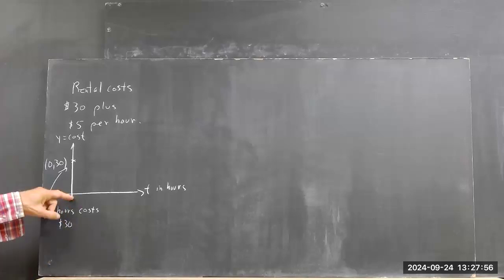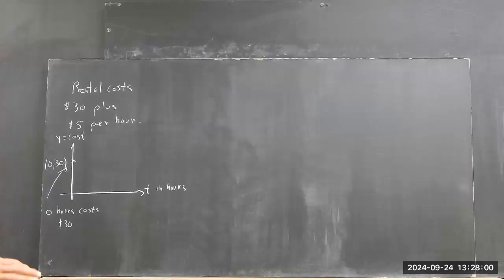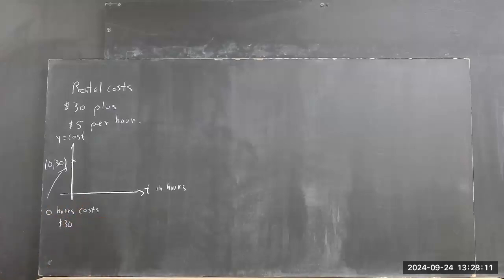But let's just assume that. So what does the $5 per hour tell you? Let's say you rent it for 2 hours. How much does it cost? Well, $30 plus $10, right?